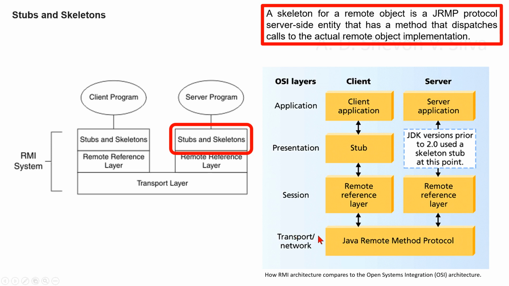Here you can see how RMI architecture compares to the Open System Interconnection OSI architecture. The RMI application layer, like the OSI application layer, contains the application programs.